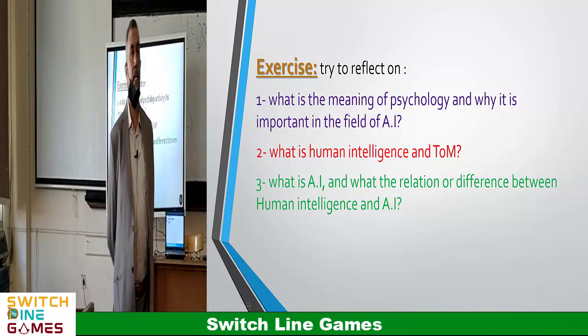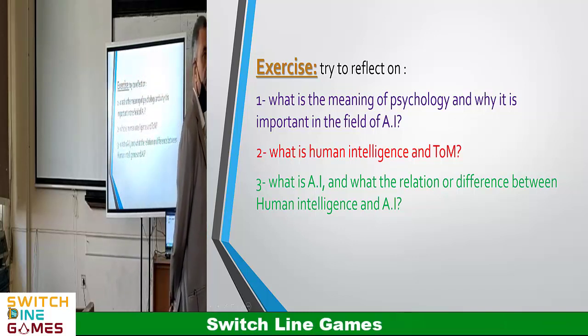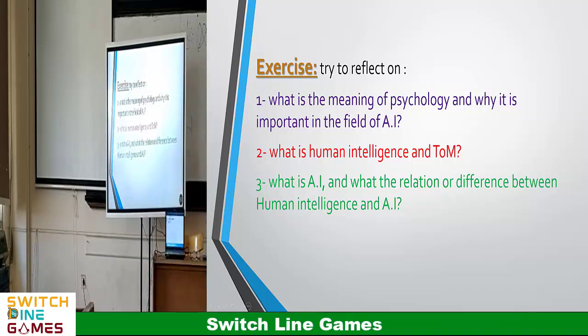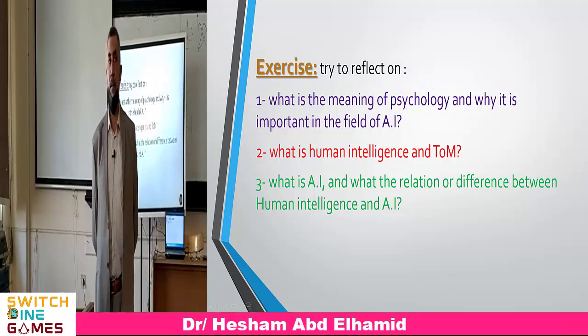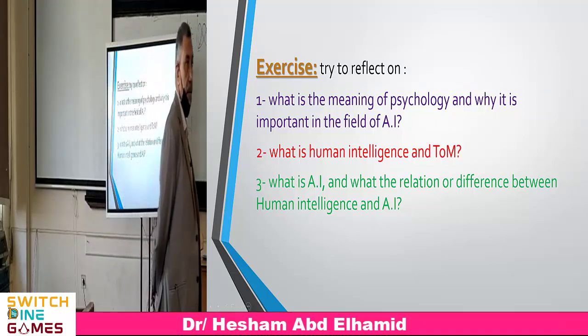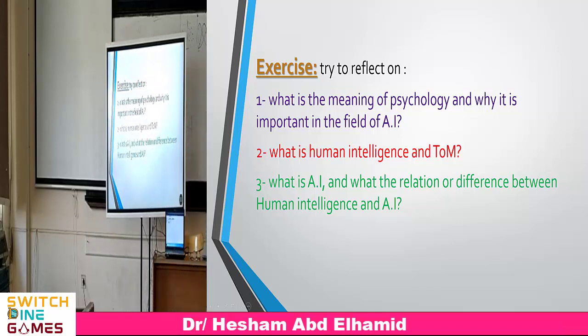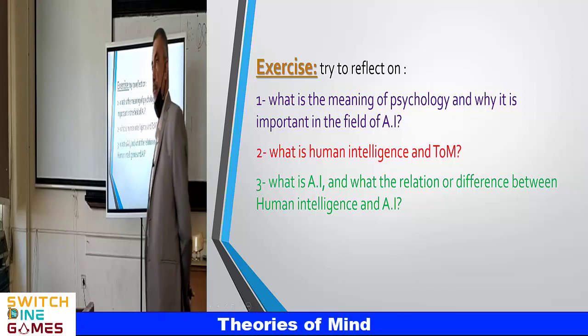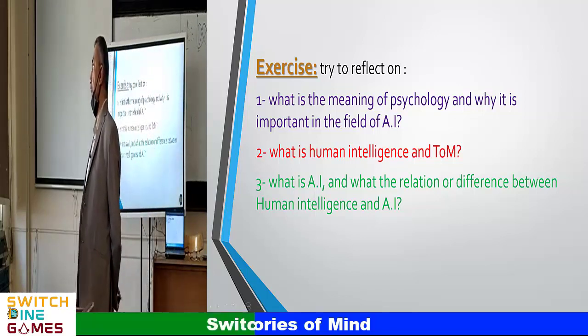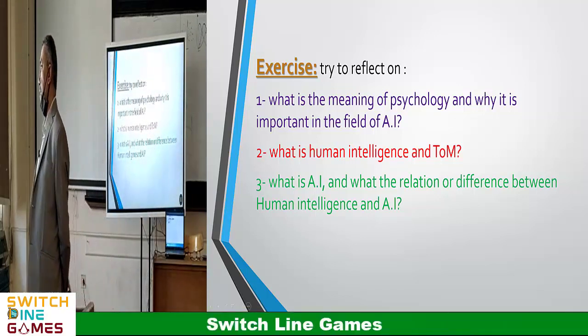And because in artificial intelligence you are trying to simulate the human behavior, you have to apply the meaning of psychology, the elements of psychology, the elements of the cognitive human being, into the machine. So, overt behavior is directly observable.